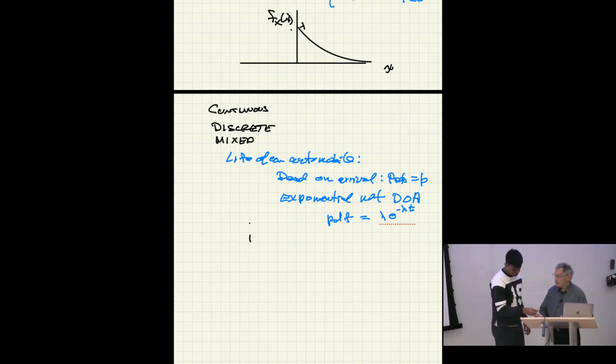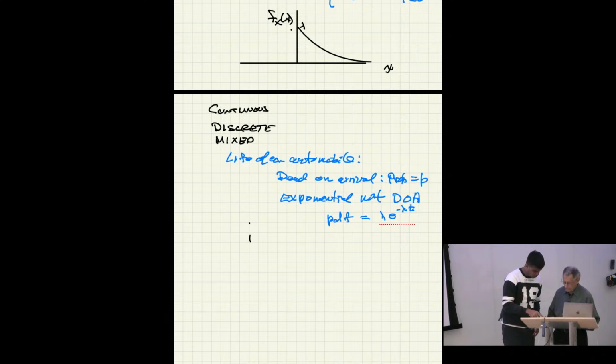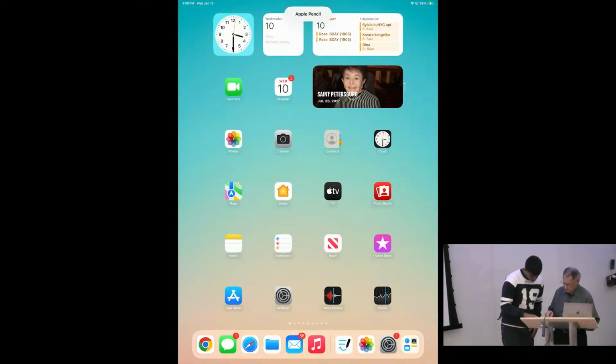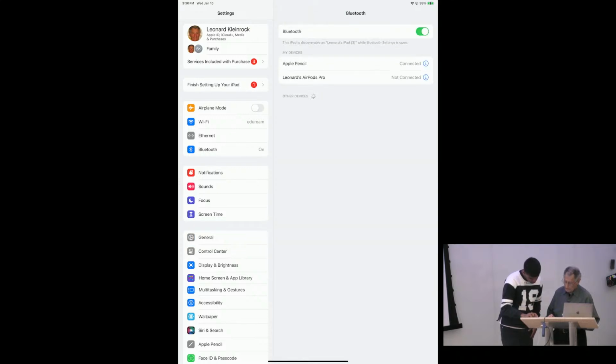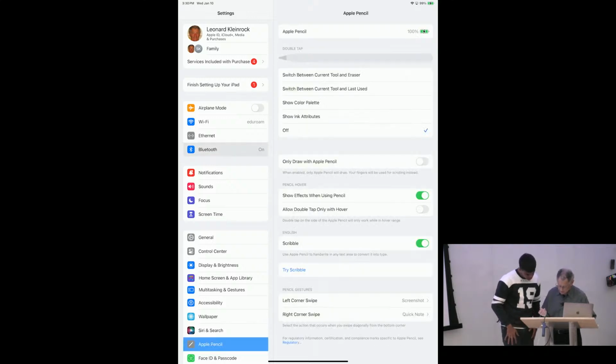This is the new one. Here it is. Could I go to your settings? Yeah, sure. Here, there, yeah. Here's the Apple Pen. Let's touch this. It's got 100% load, so that should be it, right? This one. That's the good one.